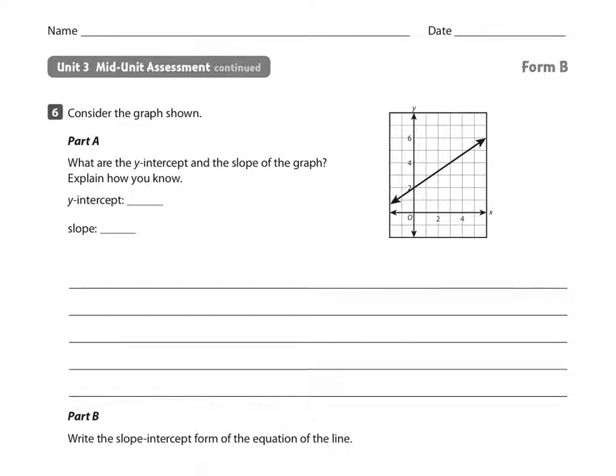Six is pretty easy, pretty straightforward. It says consider the graph shown. What are the y-intercept and the slope of the graph? Okay, the y-intercept again, and I'm going to put a little note right here where it crosses the y-axis.